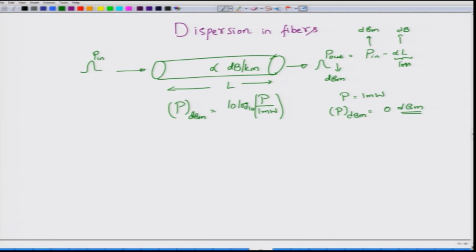Instead of the alpha L product being a loss, if it was an amplifier which over a length L amplified the signal by a gain of G dB per kilometer, then the total gain would be G times L, in dB. That quantity could be added to the power when the power is expressed in dBm. In fact, this is the advantage of using dBm or decibel units.